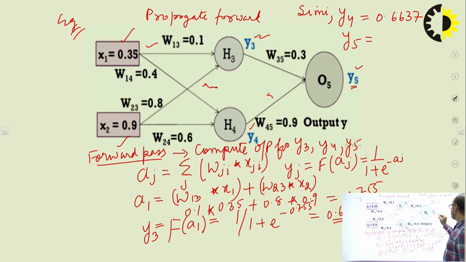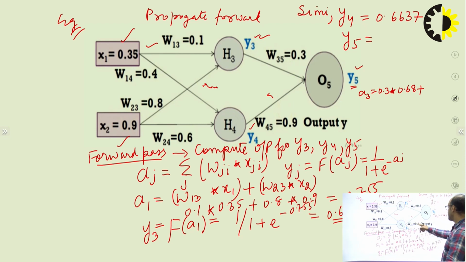A3 is equal to 0.3 multiplied by 0.68, value is 0.68. This I will get from here na, 0.68. So I will multiply it 0.68 plus for this y4 is calculated here है ना.